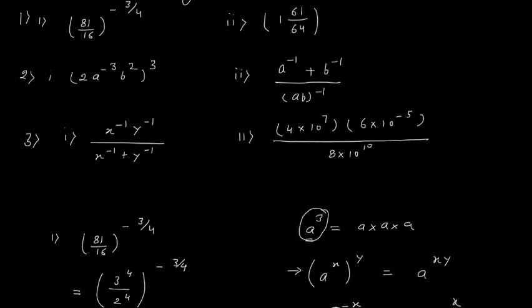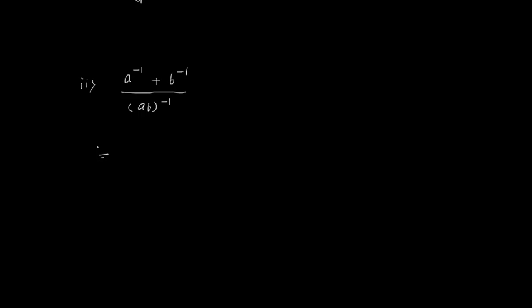Now the second question. We have (a^(-1) + b^(-1)) divided by... So this a power minus 1 can be written as 1 upon a, and b power minus 1 can be written as 1 upon b, so the sum is 1 upon a plus 1 upon b, which is b plus a whole divided by ab, whole divided by 1 upon ab.